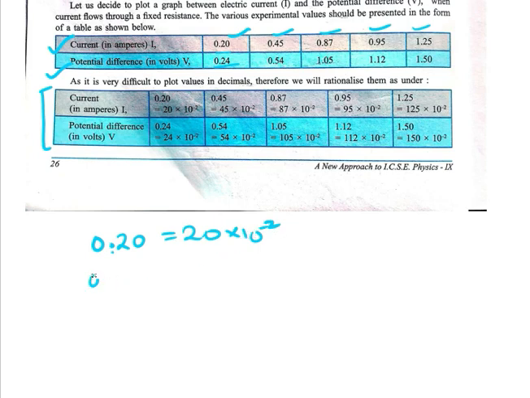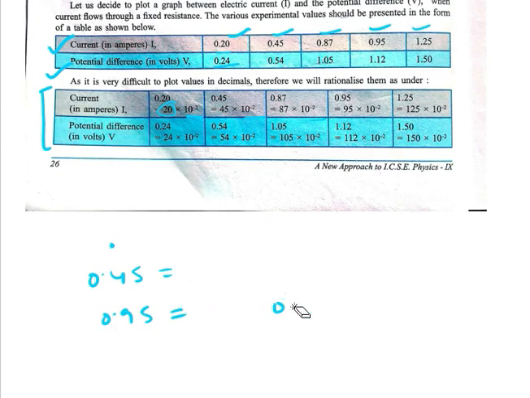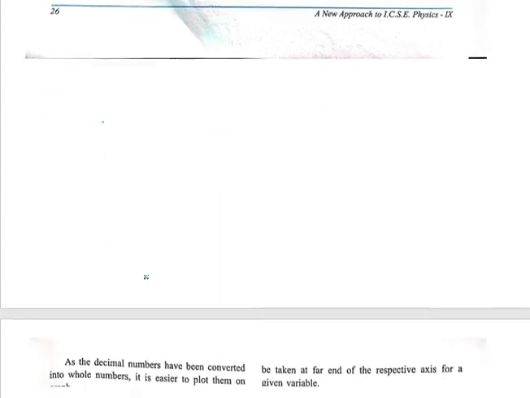Similarly 0.45 can be written as 45 into 10 to the power minus 2, and 0.95 as 95 into 10 to the power minus 2. All the bases are the same, 10 to the power minus 2. Now we have the numerical values 20, 45, 95, so it will be easy to plot in the graph. Now we will learn how to plot it into the graph.